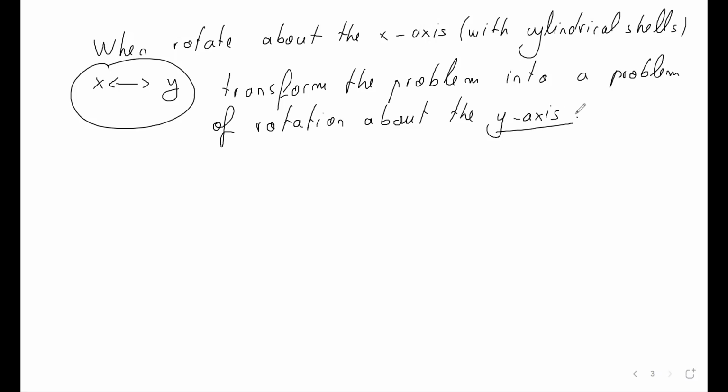And for rotation about the y-axis, you have that standard formula. The volume equals the integral of 2 pi x f of x. You integrate that from whatever a to b.